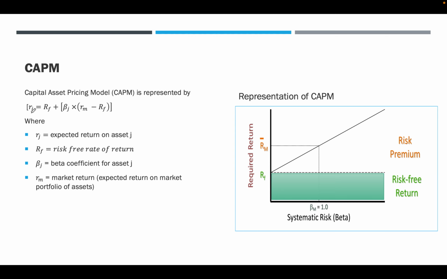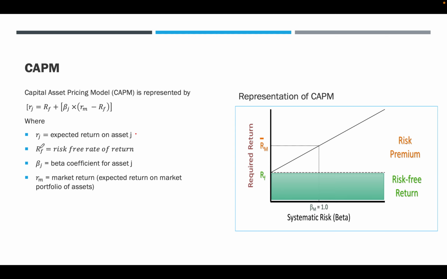RJ, where J is the symbol of asset J. R refers to the expected return of asset J, equal to RF, where RF is the risk-free rate of return, plus beta J, the risk for asset J, times the market return, RM, minus the risk-free rate of return, RF.